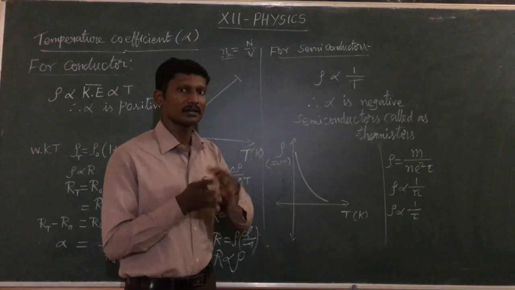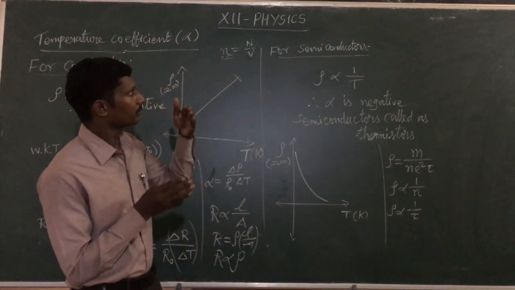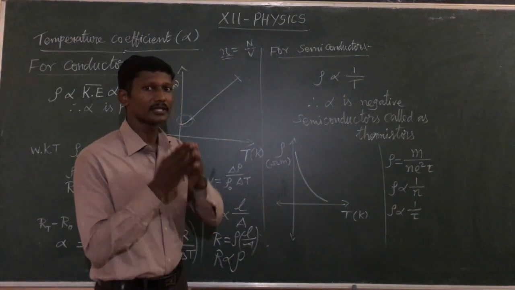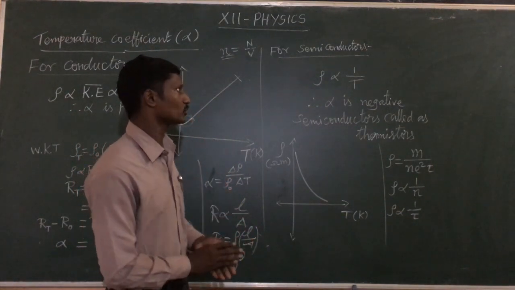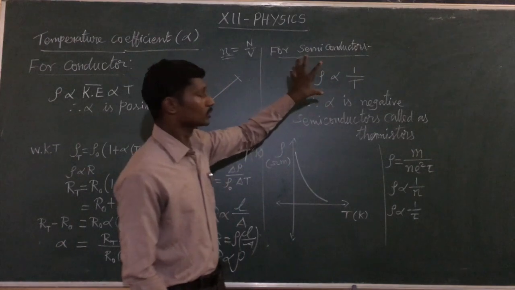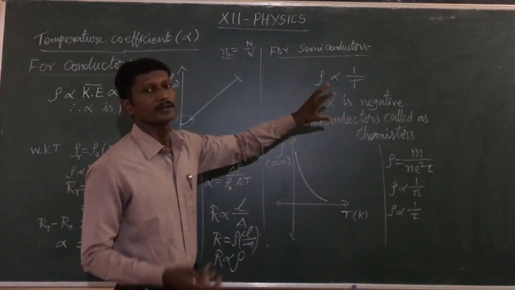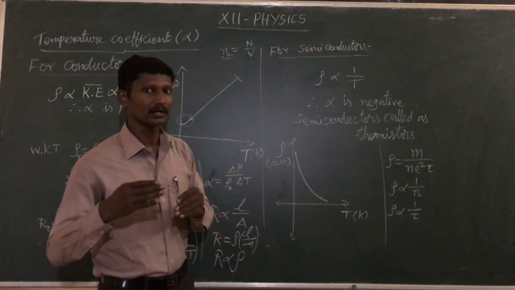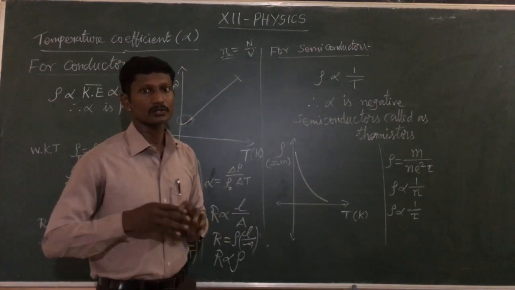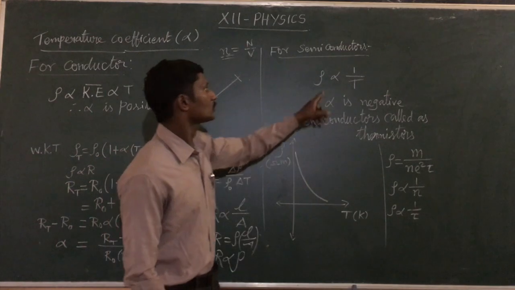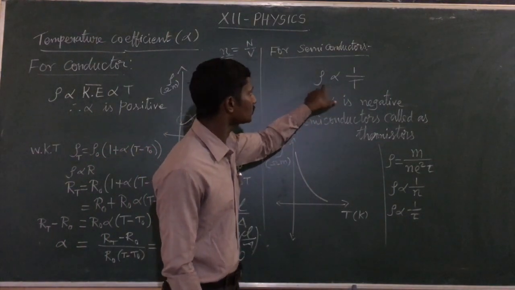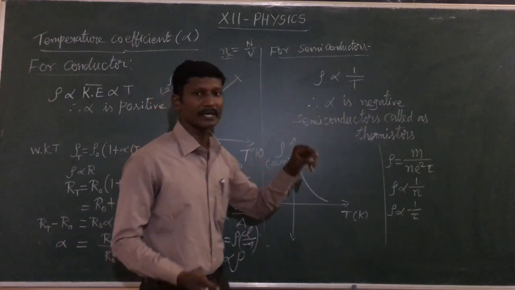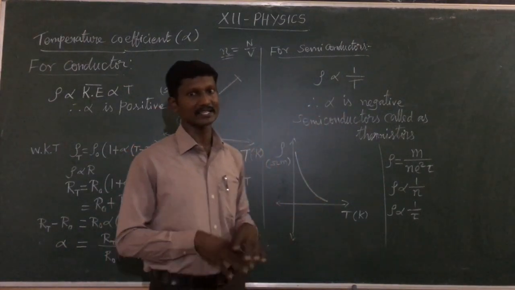So where will it donate or accept? Since it has 4, it is in a confused state, so it is called a semiconductor. If the temperature rises, it acts as a conductor, and its resistivity decreases. So resistivity is inversely proportional to temperature: temperature increases means resistivity decreases.